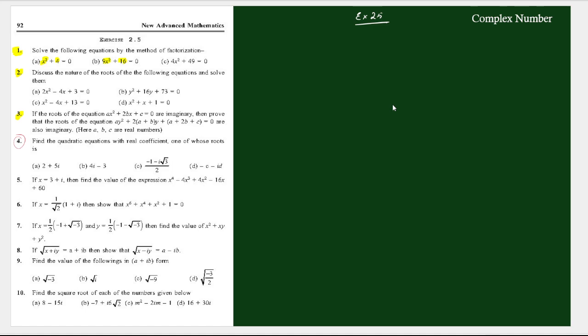And then question number 7 is x equal to minus 1 by 2, and then y is this much, then we have to find that value.